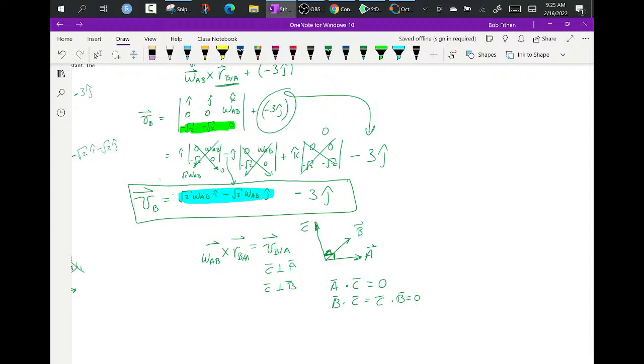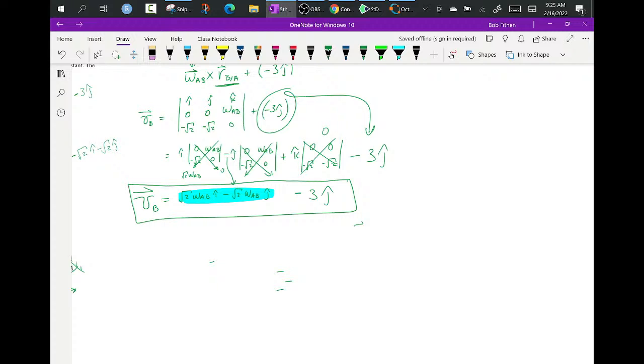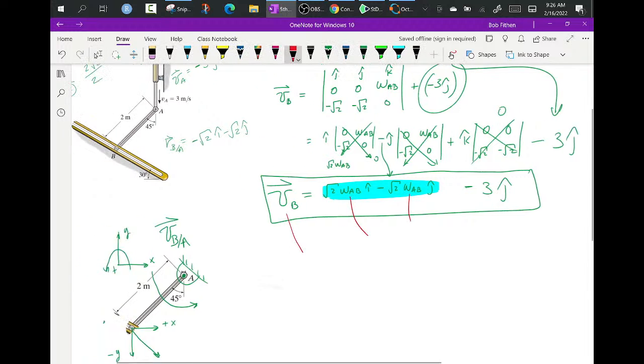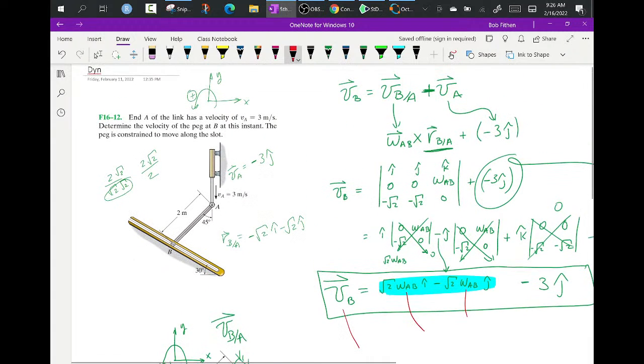So we move on from there, and basically recognize something interesting here, and that is, I don't know omega, I don't know velocity of B, but I know it's sitting in this track. So you're going to have to either assume it's going this way, or you're going to have to assume it's going that way in that track.